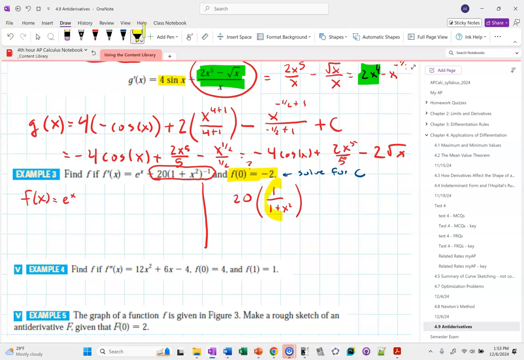Do we recognize this thing? Tangent inverse. You see it now? If you say so, Mr. Kulik. So I just ignored the 20.